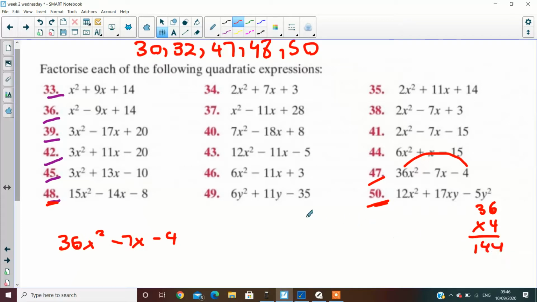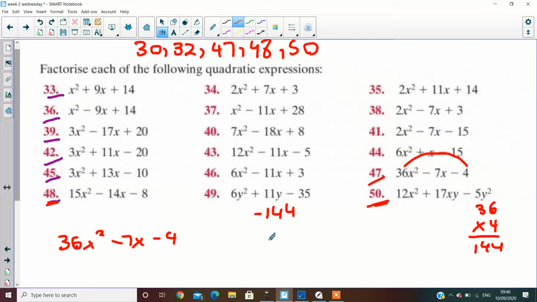Make a list. Is one positive, one negative? How do I know that? No. The last number is a minus. Because the last number is a minus, one of them has to be a plus, the other one has to be a minus. All right, let's start.